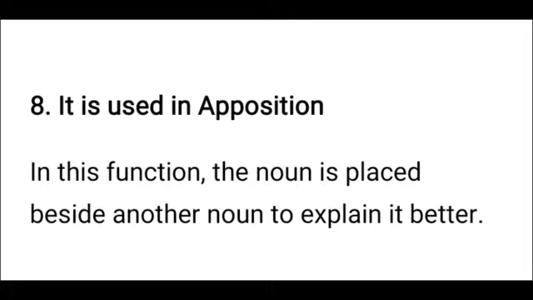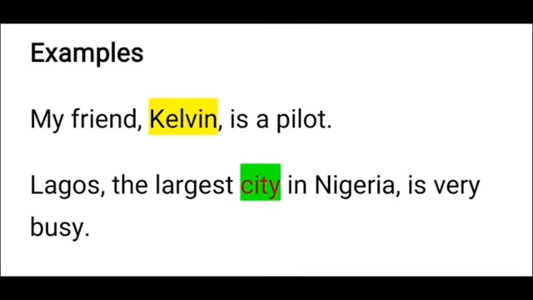And in this case, there are always commas on both sides of the noun. For example, my friend Kevin is a pilot. Here, Kevin comes after friend. Both are nouns, but Kevin is placed beside friend. Why?